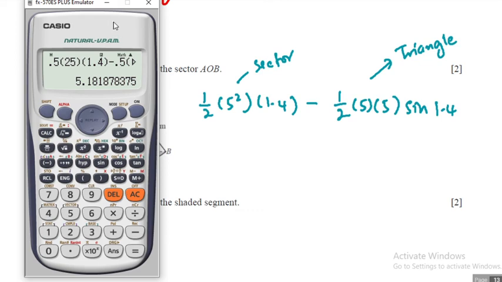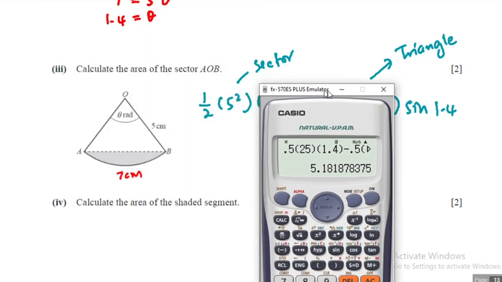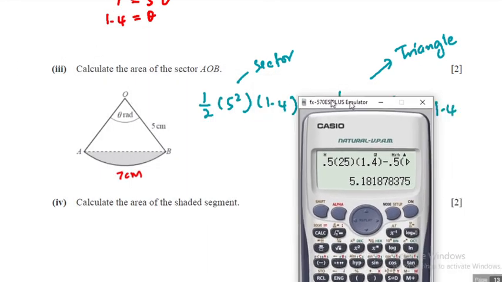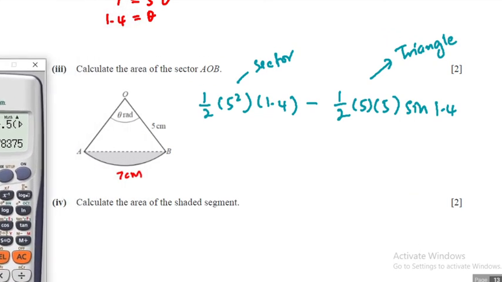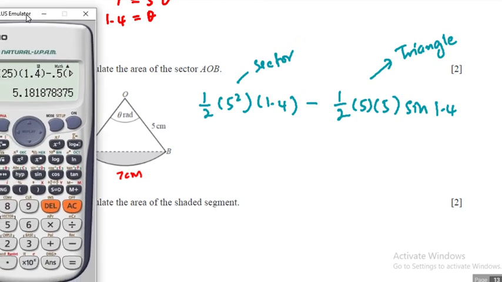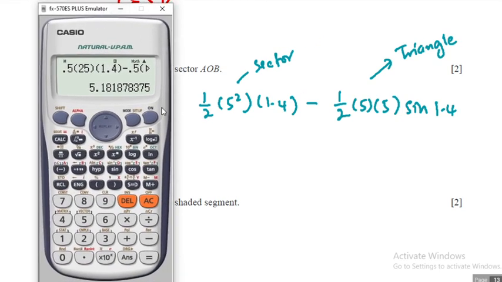Is that correct? Calculate the area of sector AOB. Half r squared theta, theta is 1.4, right? Let me press again. Half times 25 times 1.4 minus half times 25 times sine 1.4. 5.18, okay, never mind.